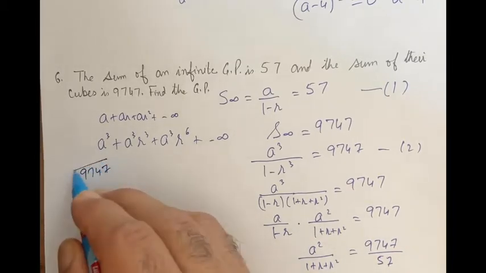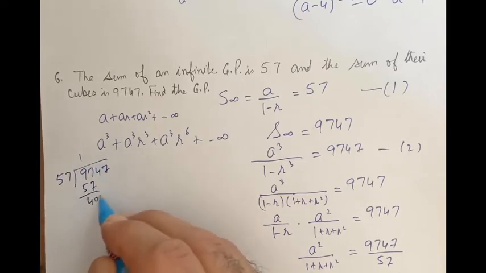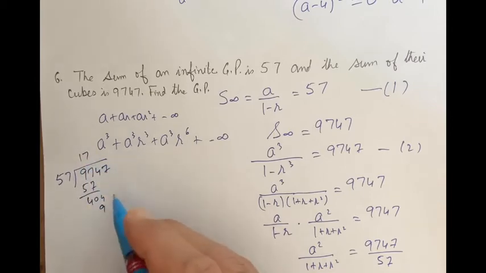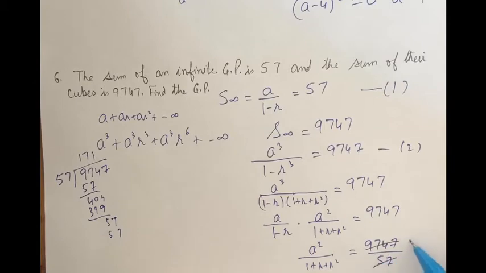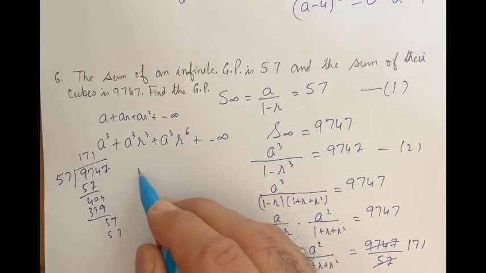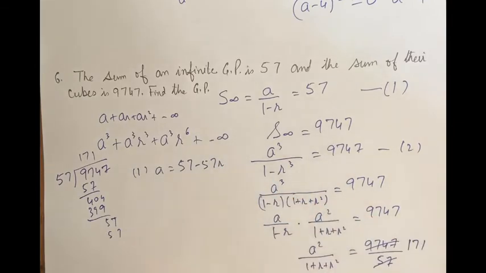9747, let's divide by 57. This is 399, 57. This is 57. So this is 171. Now we can find out the value of a from this. From first, a is 57 minus 57r. So here we substitute the value of a here.